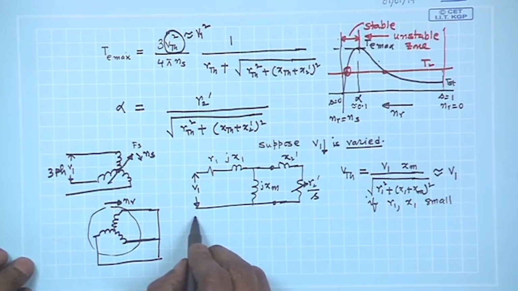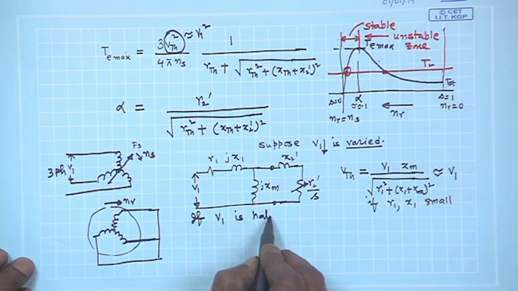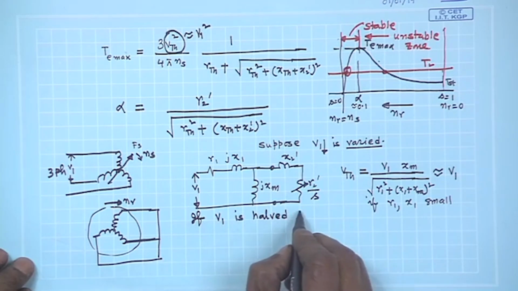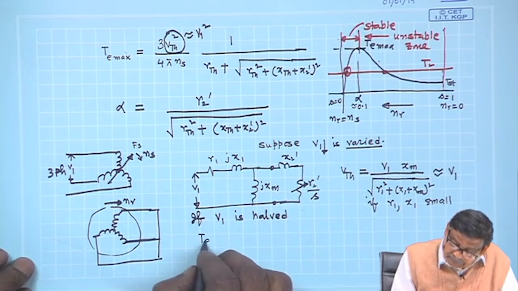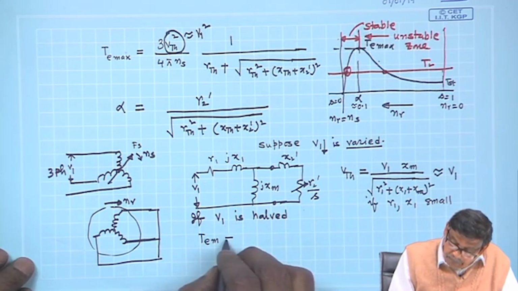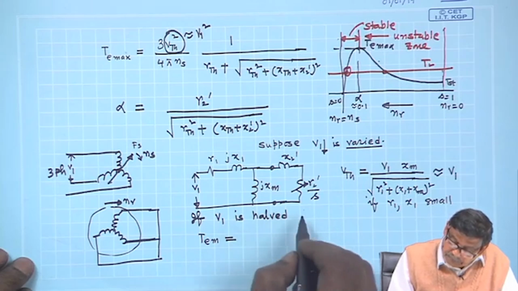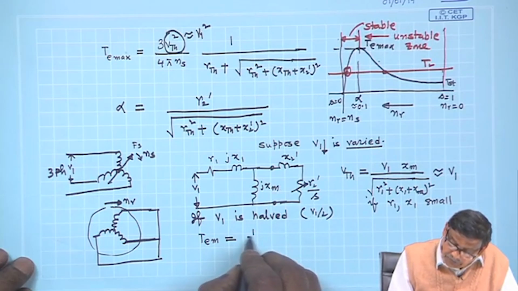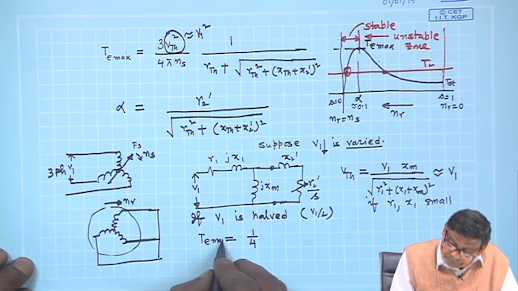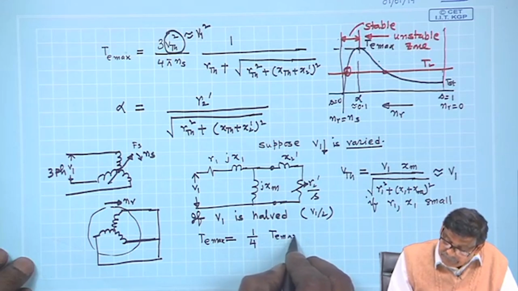Therefore, if V1 is halved, that is V1 by 2 you have made, then T max will become 1/4 of the T max when the supply voltage was equal to V1.